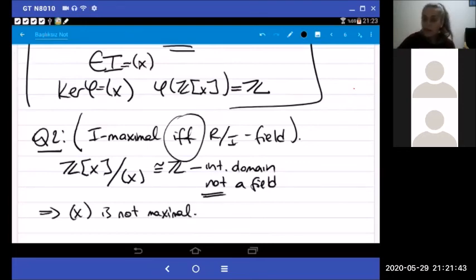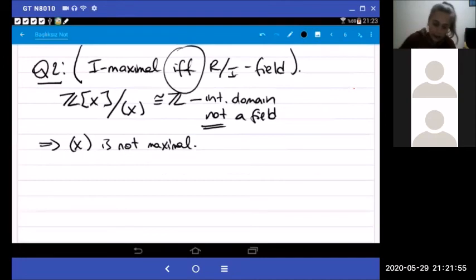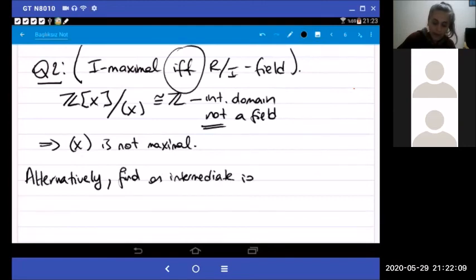This is the application of the theorem, but you can do that directly by finding an intermediate ideal between the ideal generated by x and the whole ring. Let me write it down also. Find an intermediate ideal between these.